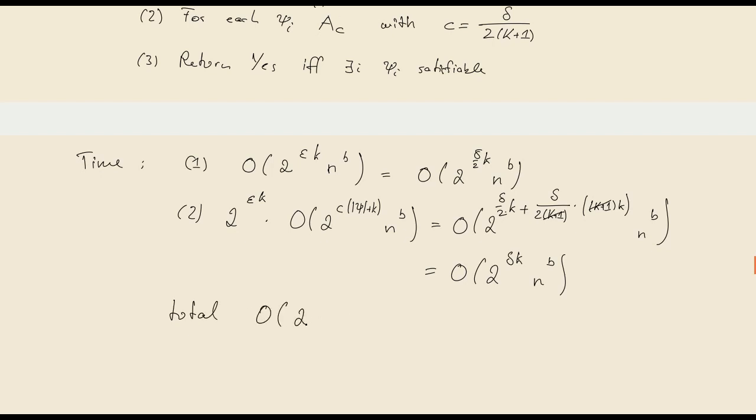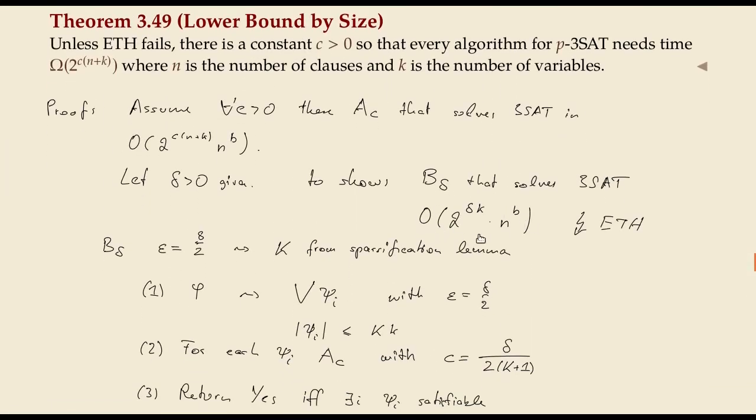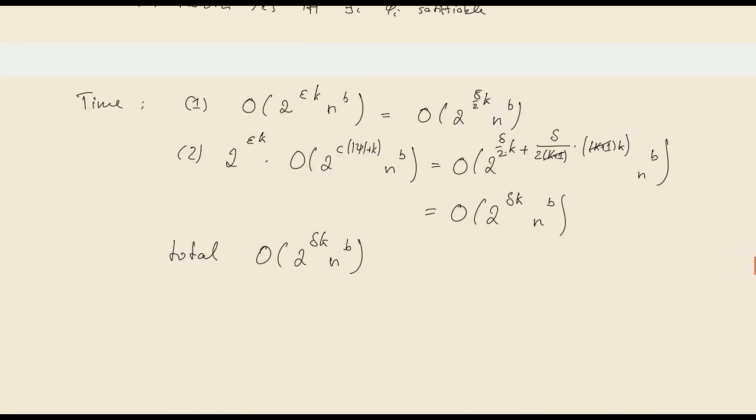Is also this. And that was exactly the time that we needed for the B delta to contradict the exponential time hypothesis. So this concludes this proof.